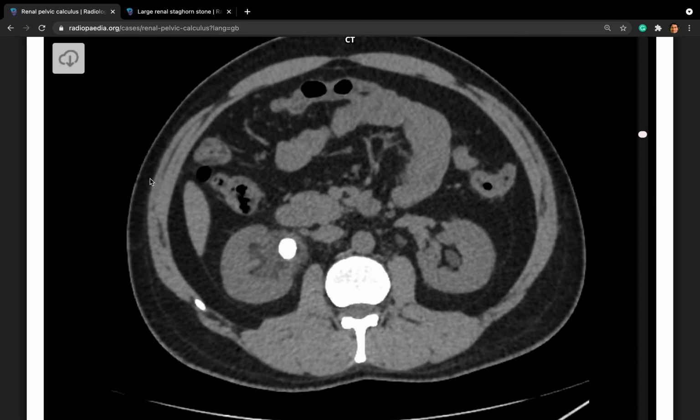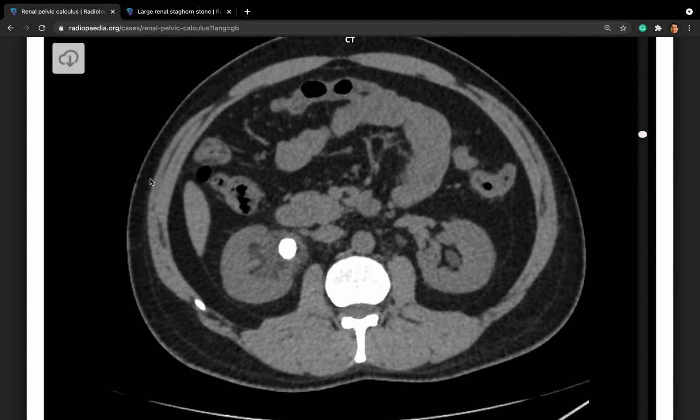Following this, depending upon the results that I've obtained, I'll guide my investigations. If he's afebrile and it's just pain, then I'll not get blood culture, urine cultures. I'll just send his blood for full blood count, renal profile, urea and electrolytes, stone bloods, including calcium, urate, and then I'll direct imaging depending upon my findings.